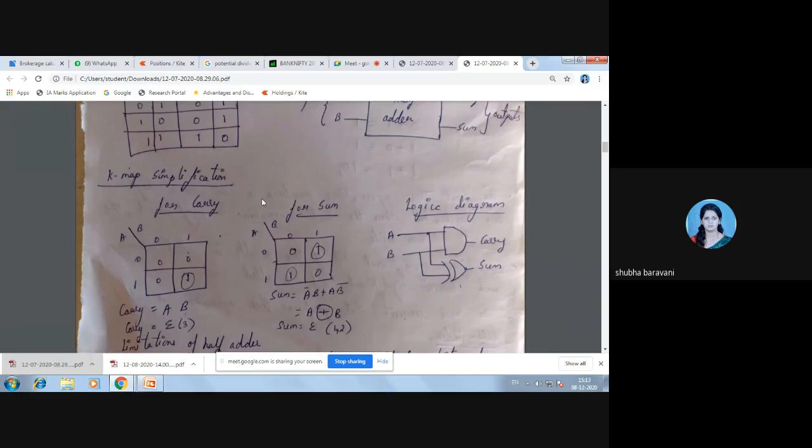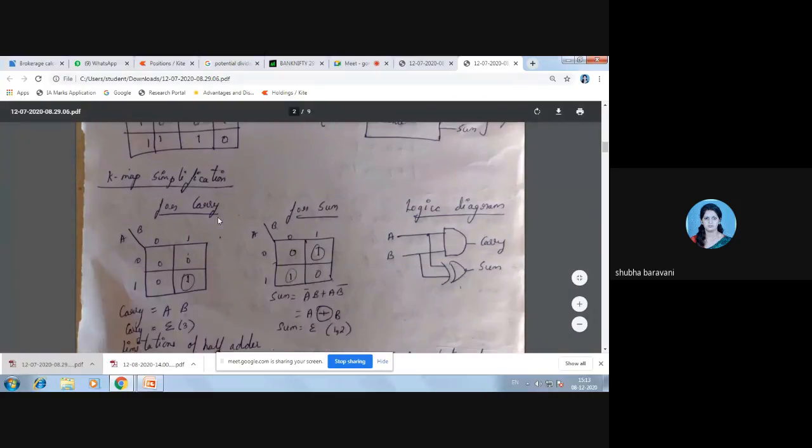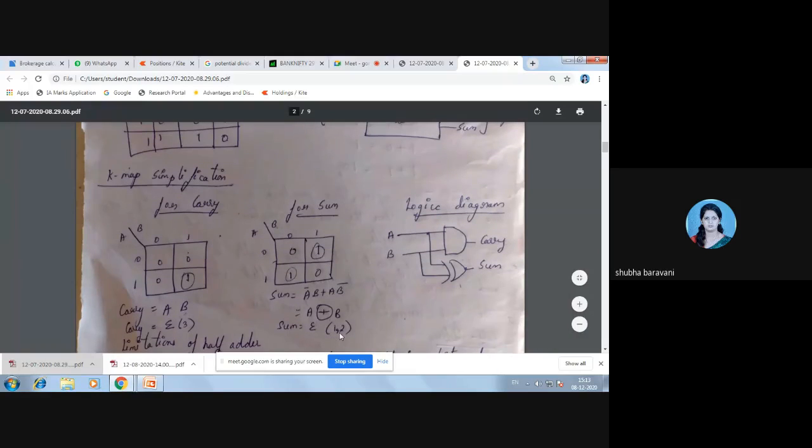And for sum, sum is 1 for min terms 1 and 2. When you simplify the K map, the SOP you get is A bar B plus A B bar, which can be written as A XOR B.